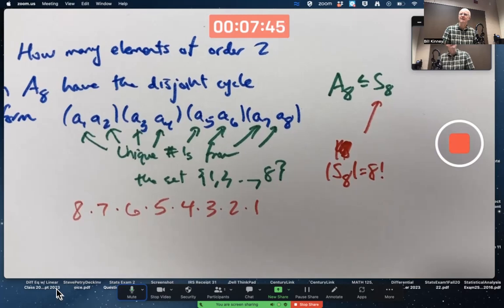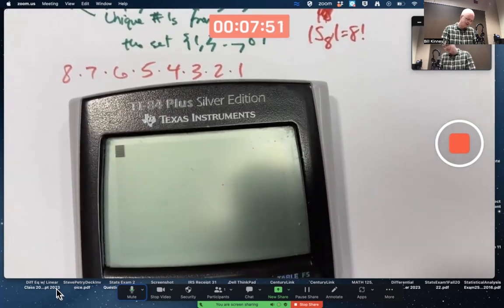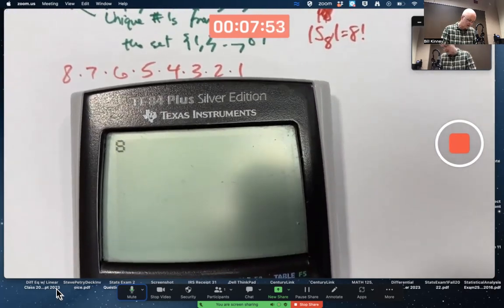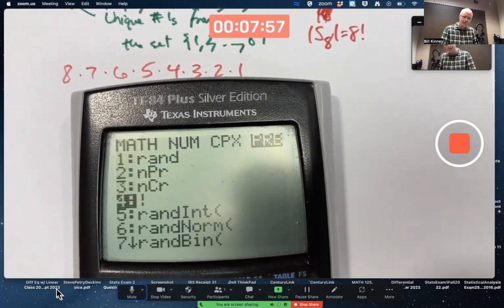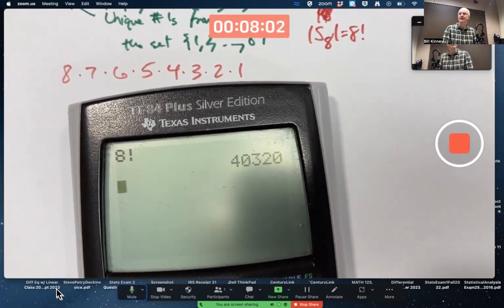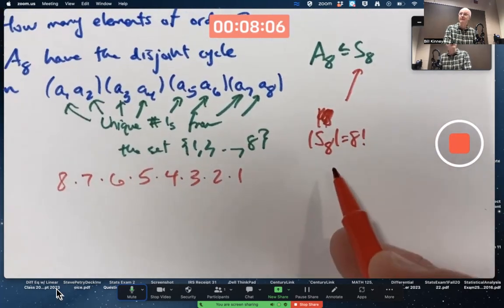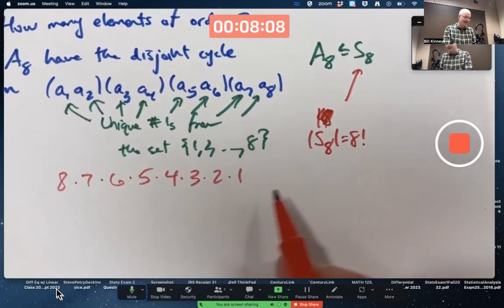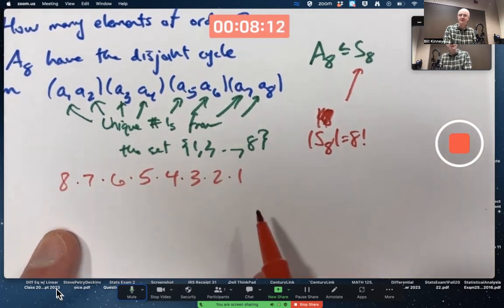It's in the ballpark of maybe 10,000 or something. 8 factorial, where's my math mode? 40,000. 40,320 is what 8 factorial is. That's how many permutations are in the symmetric group S8. They're not going to all be of this form, so this can't be the answer.